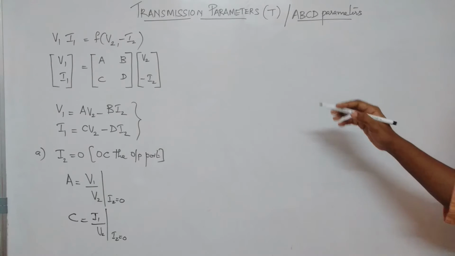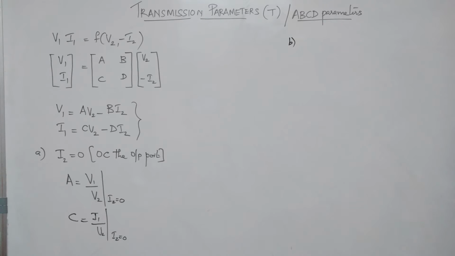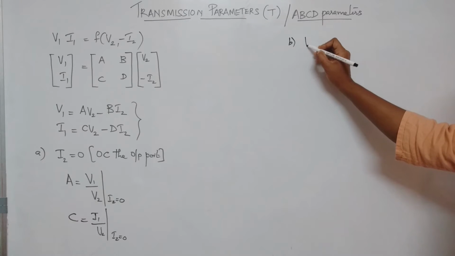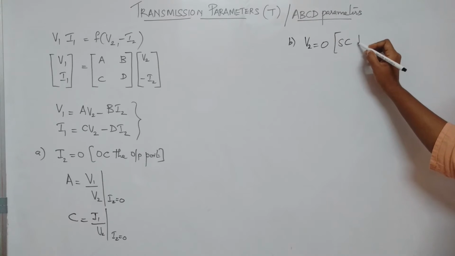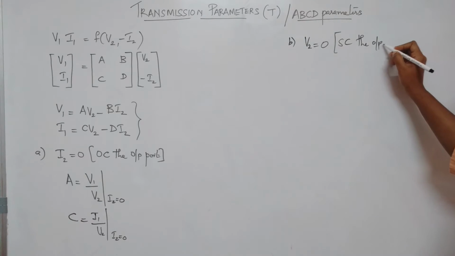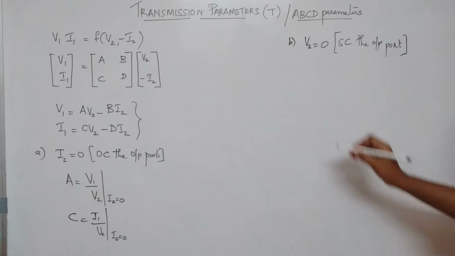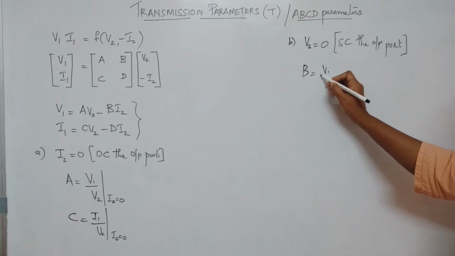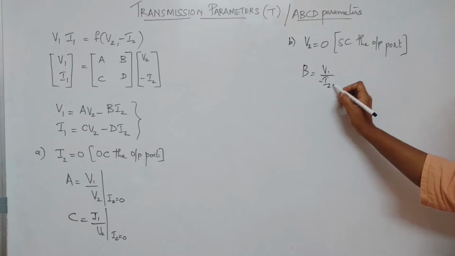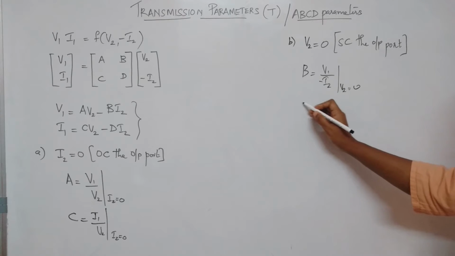Similarly, B and D can be obtained by keeping V2 equal to 0, that is, by short circuiting the output port. And we will get B equal to V1 by minus I2 at V2 equal to 0.